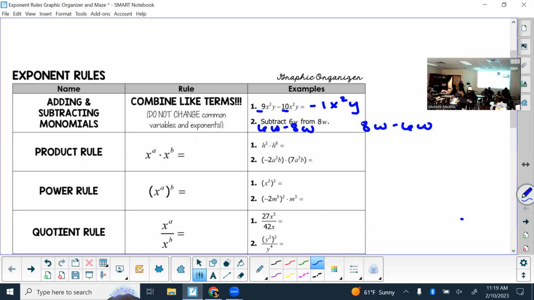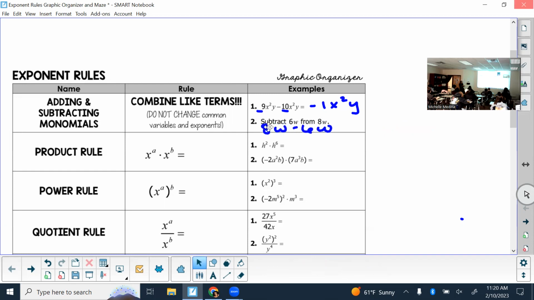So if it's subtracting 6w from 8w, you're going to switch the order. So really it should be 8w minus 6w. And then are these like terms? Yeah, they're both w to the first power. So then what's my answer going to be? 2w. All right. Questions on the first set?